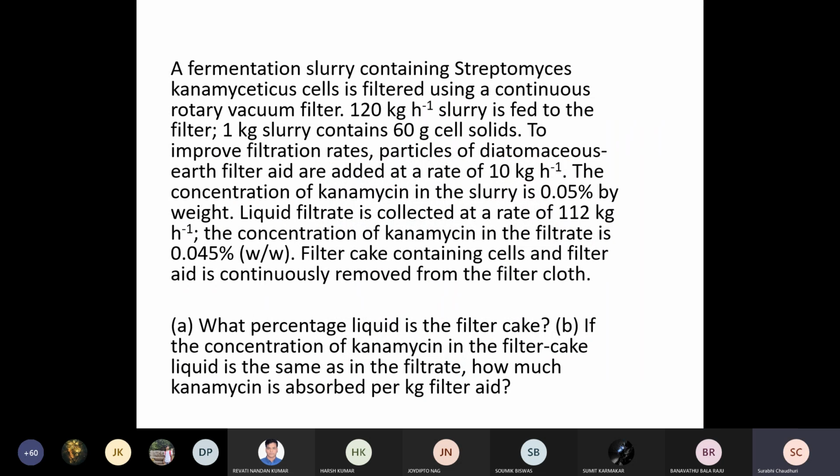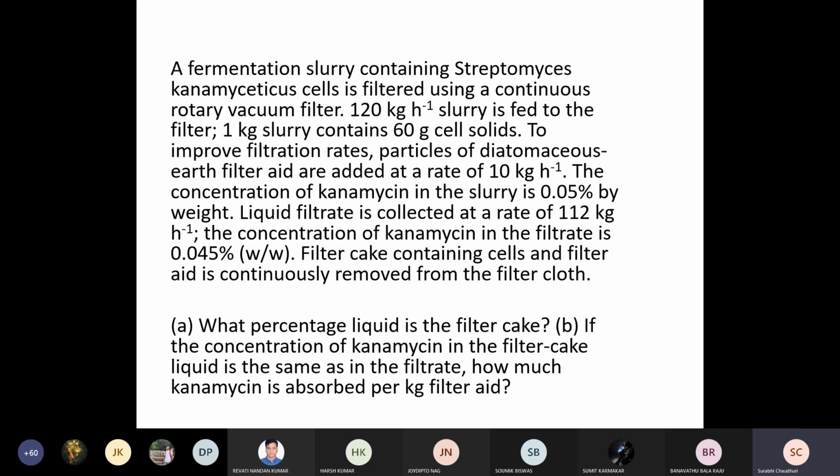You can see the slide. So here we have studied stoichiometry for our glutamic acid production, for ethanol production, for waste treatment. Now this problem is on an antibiotic production.